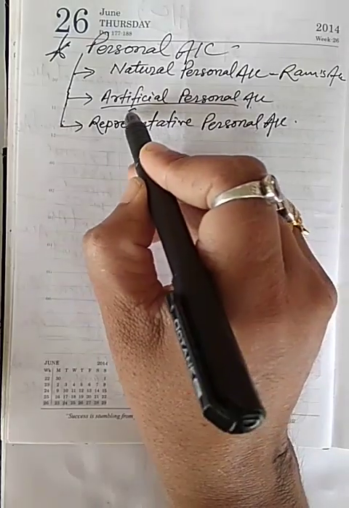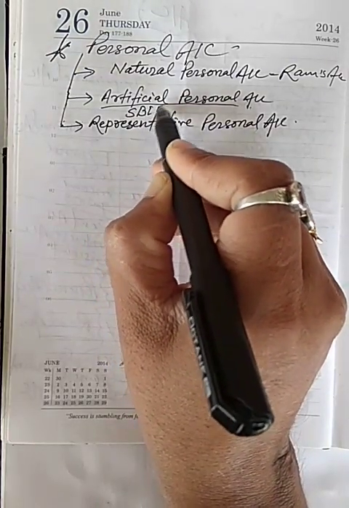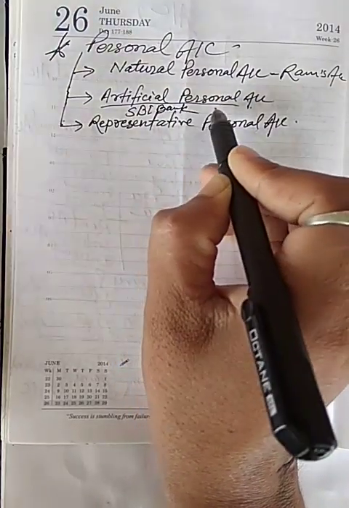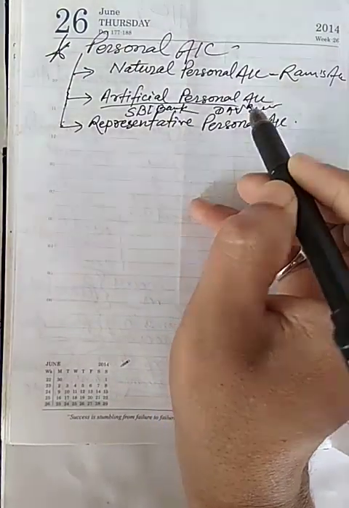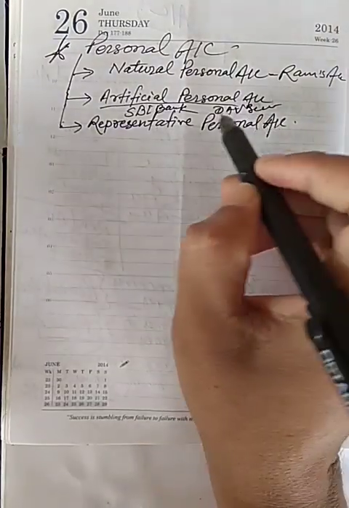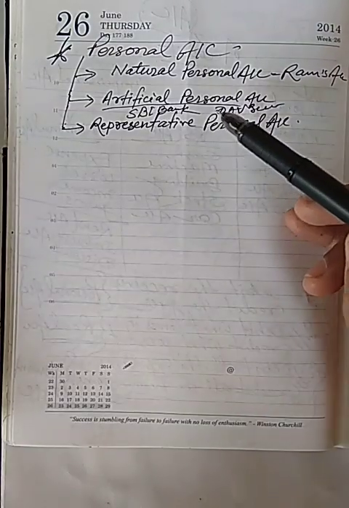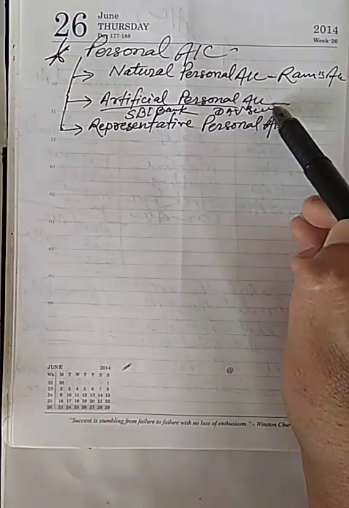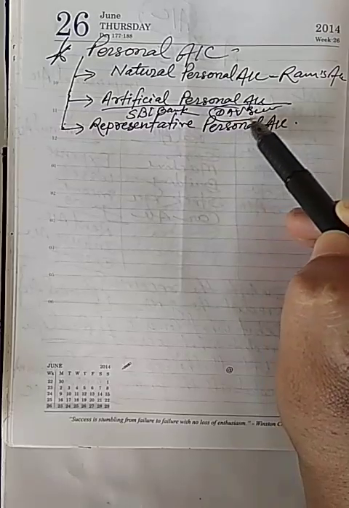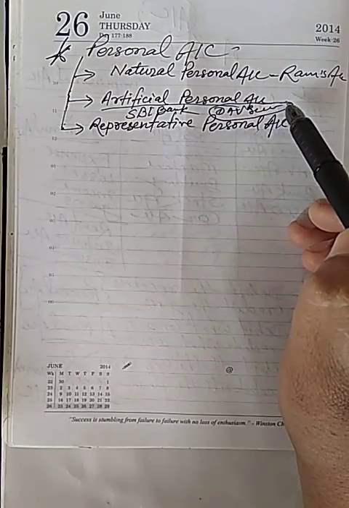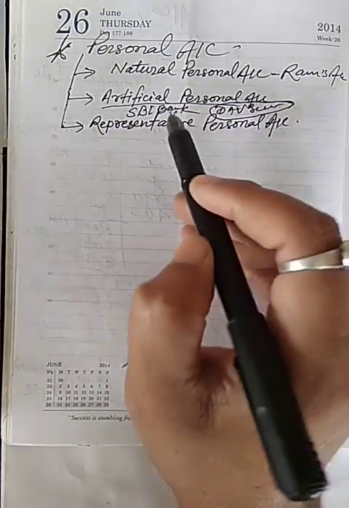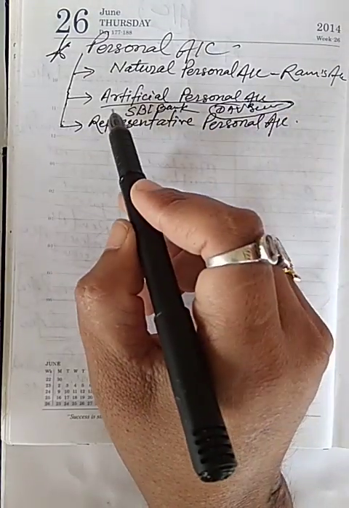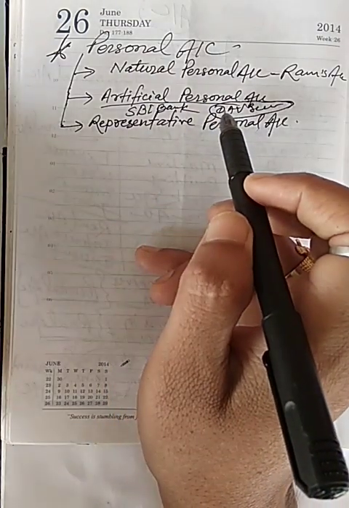For example, SBI Bank, DAV School, etc., because all the assets belong to DAV, not to some personal property. So these are called artificial personal accounts.